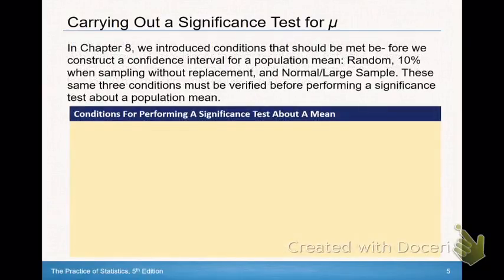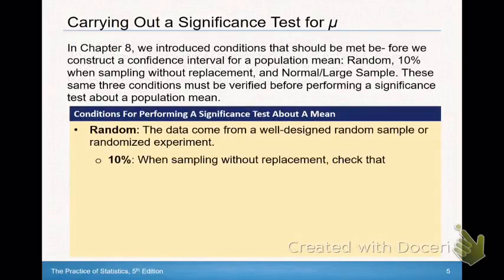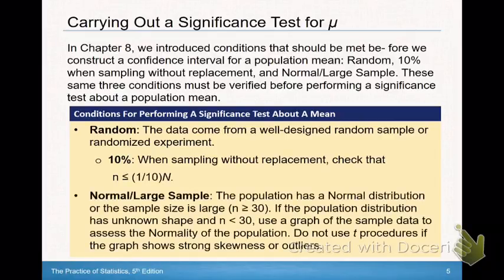To carry out a significance test, all of the same rules that we talked about in section 8.3 apply. The data has to come from a well-designed random sample or randomized experiment. It has to follow the 10% rule: when sampling without replacement, check that n is less than or equal to 1/10 of N. And the normal large sample condition: the population has a normal distribution, or the sample size is large, n is greater than or equal to 30.